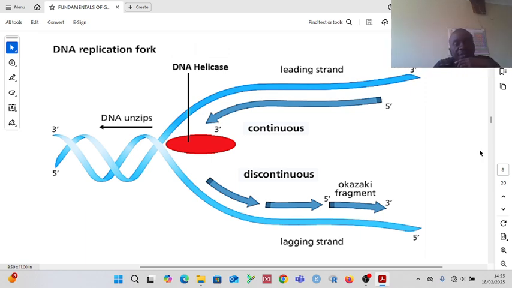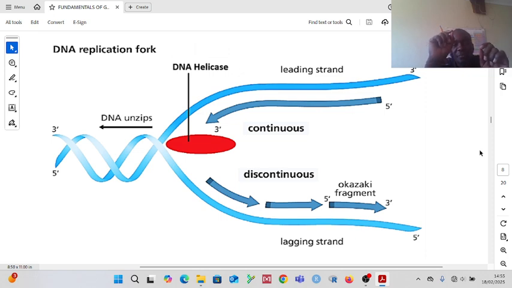So for there to be any elongation, any growth, we need to create a 3' position that has an OH. That is created by a primer, a short sequence, very short sequence.